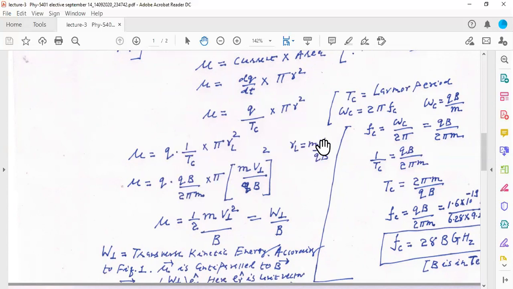The Larmor radius is m v perpendicular upon qB, where v perpendicular is the perpendicular component of the particle velocity.